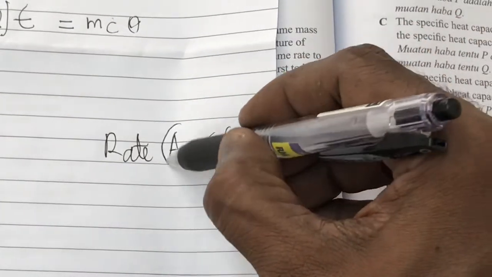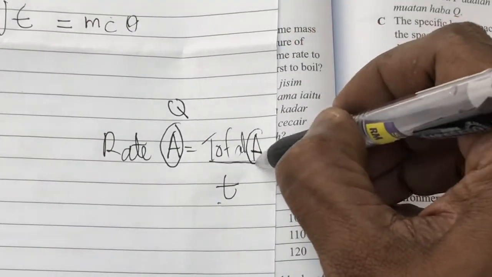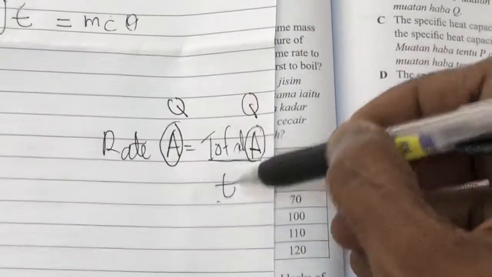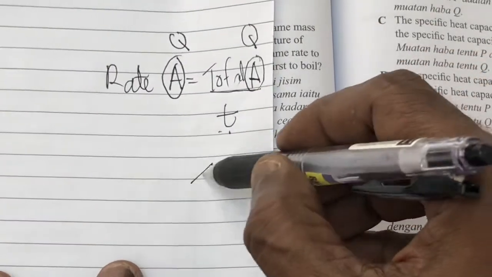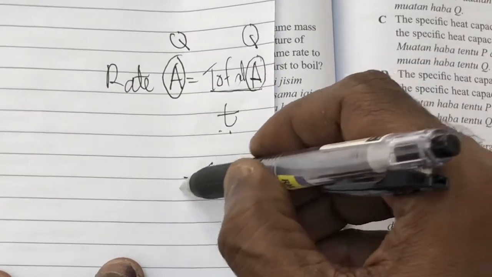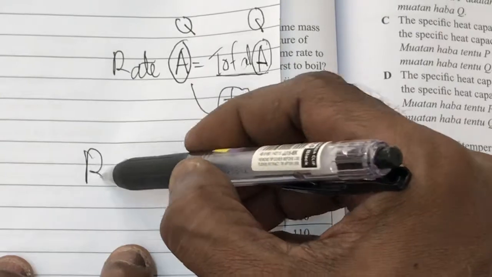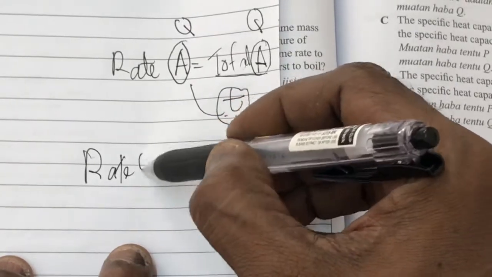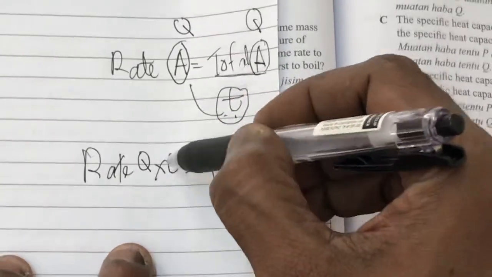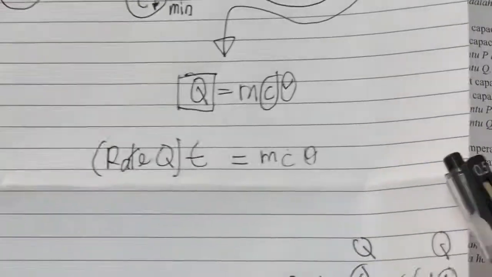Here, the rate of heat must be the total heat divided by time, which means the total heat, I take the time and transfer it to the other side, is the rate of heat multiplied by the time. I put this in brackets. So that's how I got this.